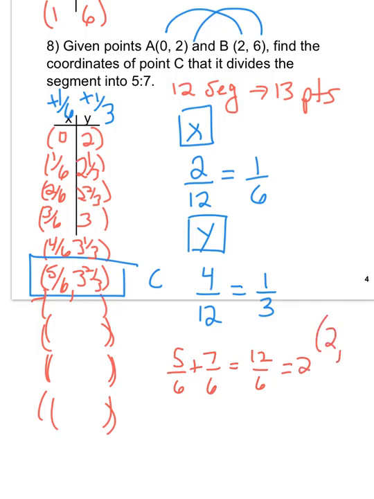So that's going to give me 2 in the x. Now to figure out the y, I have 3 2/3 plus, I need to add 7 more of these, 7/3. So that's going to be 3 plus 9/3, which is 3 plus 3 essentially, or 6. So now that tells me that I would have ended up with this as my last ordered pair, which is B. So I'm confident that I ended up with the right answer.